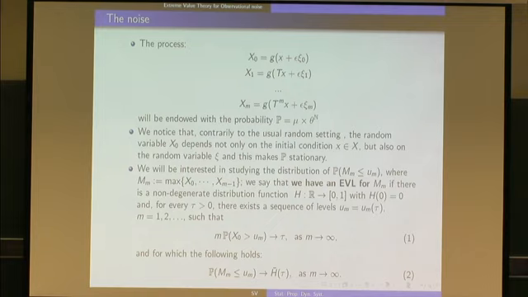So you look at the maximum, and then you look at the distribution of the maximum. The point is, if you do not normalize this distribution suitably, you will get a degenerate asymptotic distribution. Of course, it's very trivial to prove. So we have to normalize, and I will tell you in a moment what u_n is. But suppose for the moment we have to normalize in order to get something which is not trivial.